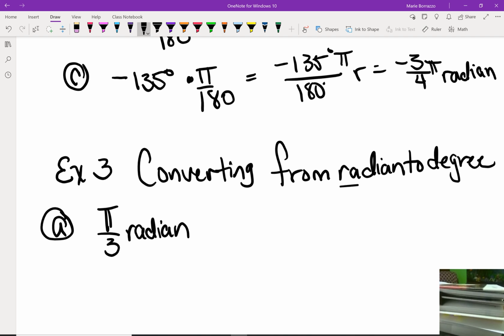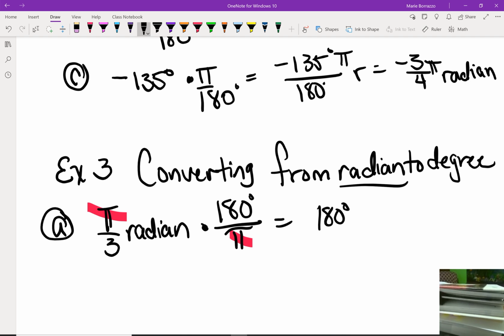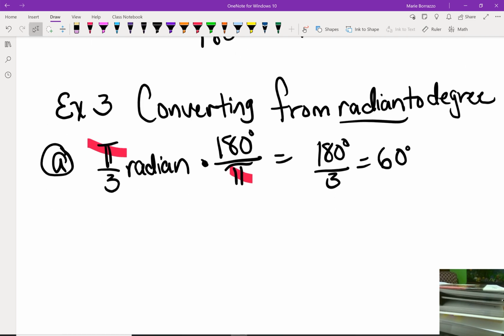Again, we're going from radian to degrees, so you multiply this by 180 over pi. The pi's will cancel, and now you're converting to degrees, because you have 180 degrees divided by 3, which is 60 degrees. That's the key to this particular example.